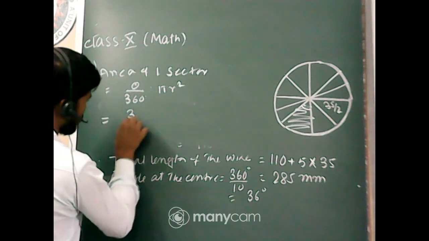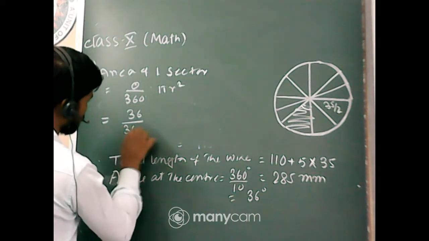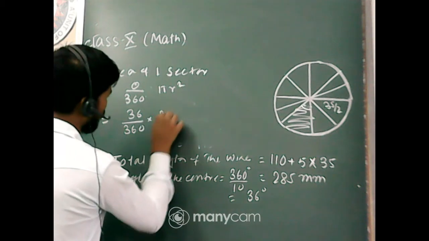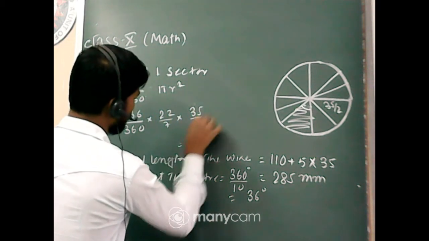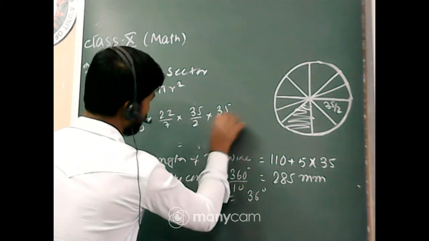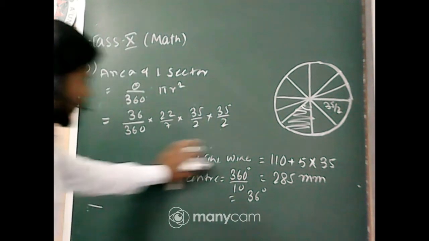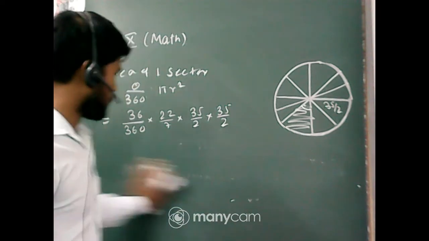This is 36 by 360 into 22 by 7 into 35 by 2 into 35 by 2. Now do the calculation and tell me the answer.